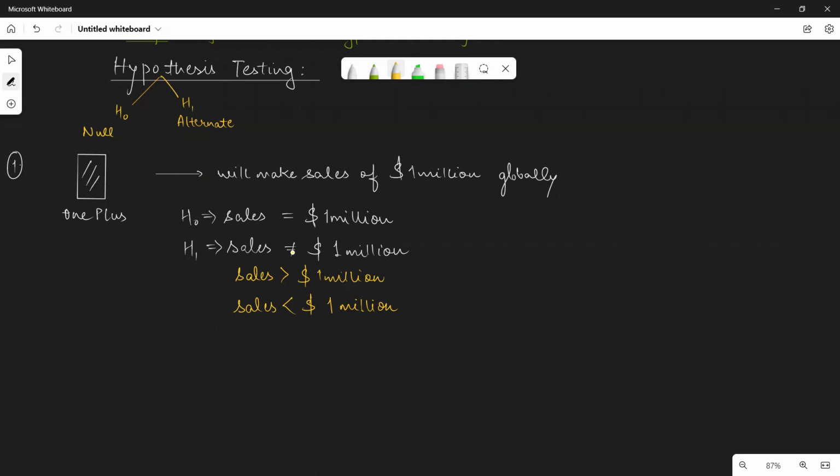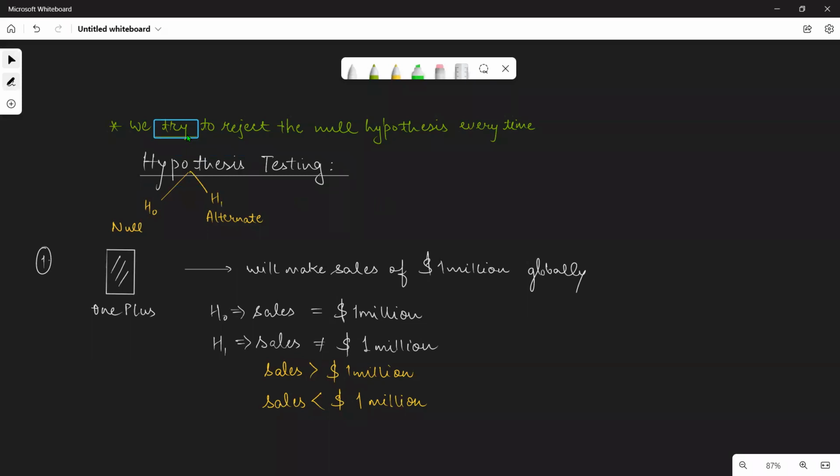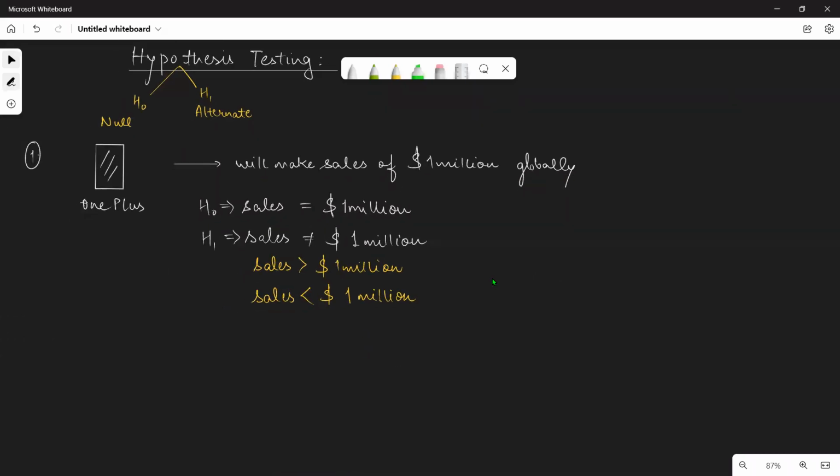So what do we observe? What did I say initially? What was the thumb rule for us? We try to reject the null hypothesis. So what is the null hypothesis? Sales is equal to 1 million. So here, in this particular case study, in order to reject H0, we have two conditions, one condition and the second condition.